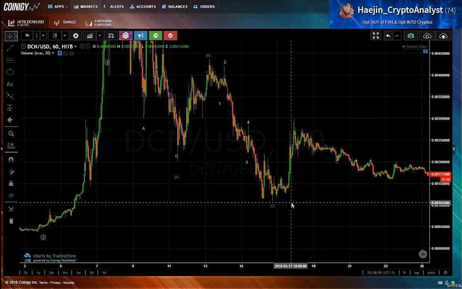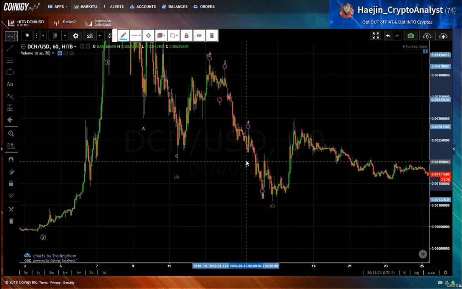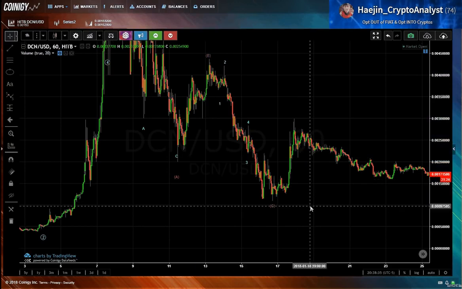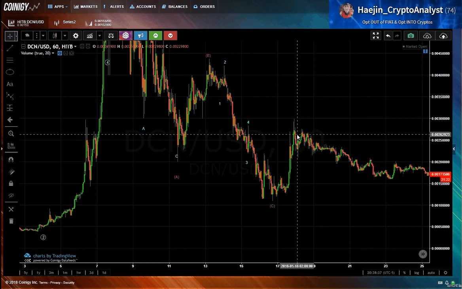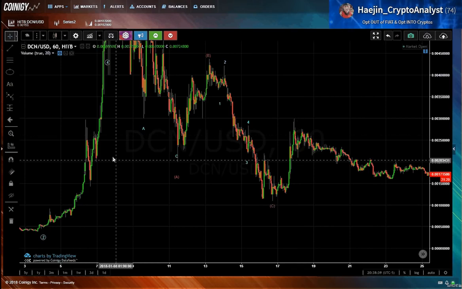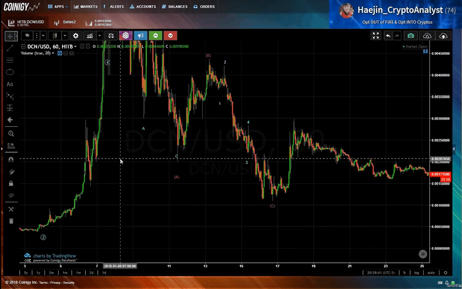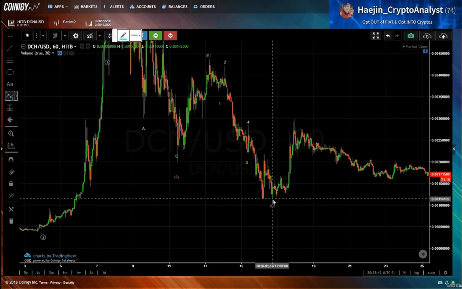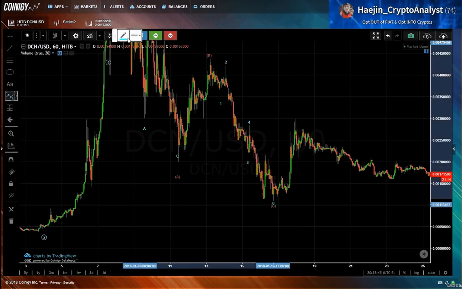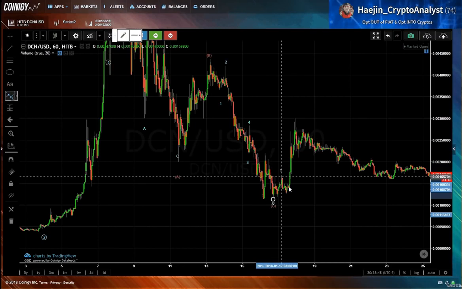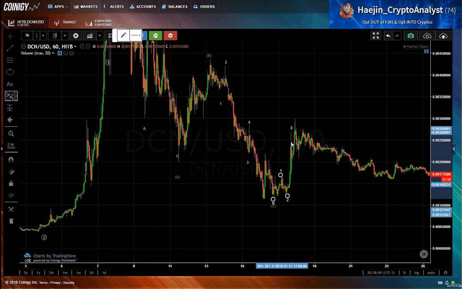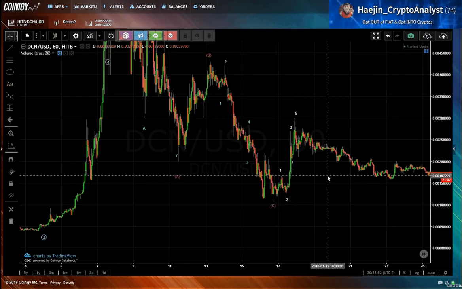I do count the wicks when I count the waves. So do I see 5 waves up? Let's see. 1, 2, 3, 4, 5. Beautiful. You might ask, well, I see 5 waves here too.